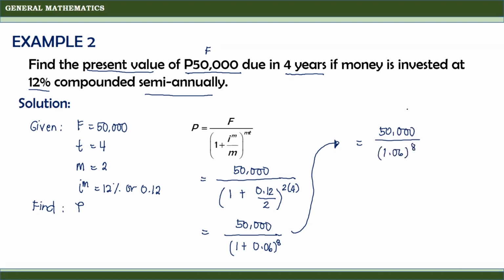From here, you can key this in on your calculators and it will result in the value 31,370.62. Therefore, the amount being invested is equal to 31,370.62.